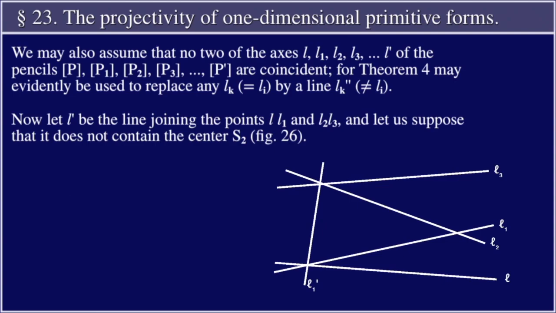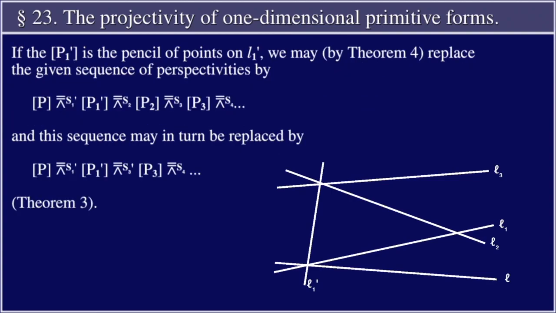and let us suppose that it does not contain the center S2, figure 26. If then P1' is the pencil of points on L1', we may, by Theorem 4, replace the given sequence of perspectivities by P perspective with center S1' to P1', perspective with center S2 to P2, perspective with center S3 to P3, perspective with center S4.